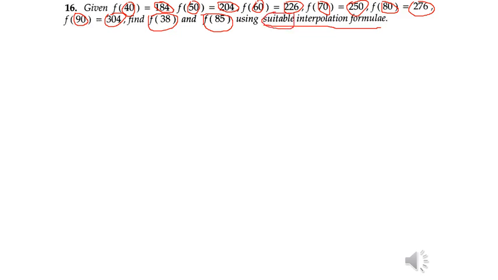Because the application of the formula depends on the value of x. Since this value of x, that is 38, falls in the first half, we need to use the forward interpolation formula here to find f of 38. And since this 85 falls in the second half of the data, we need to use the backward interpolation formula.